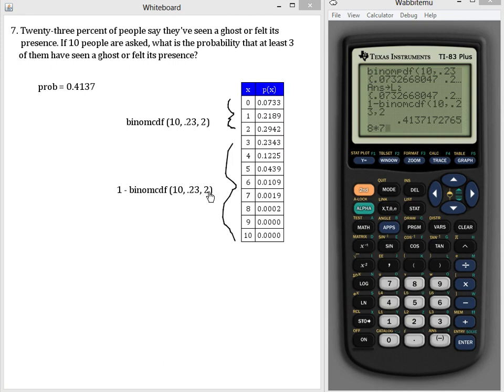It's a little bit tricky, so you really have to understand what's going on. So that's why I was going through so much detail. But once you get the hang of it, once you see the at least, you would just go straight to this right here, just 1 minus binom CDF, your inputs, and then 1 less than what your actual input is.